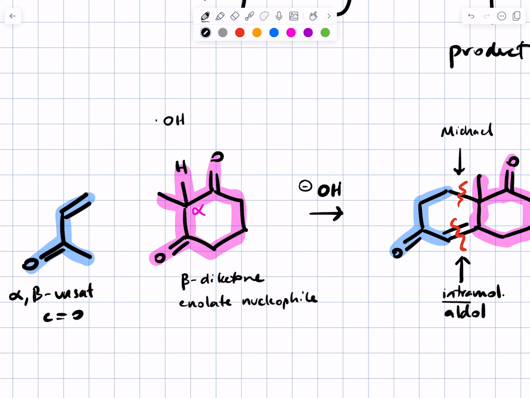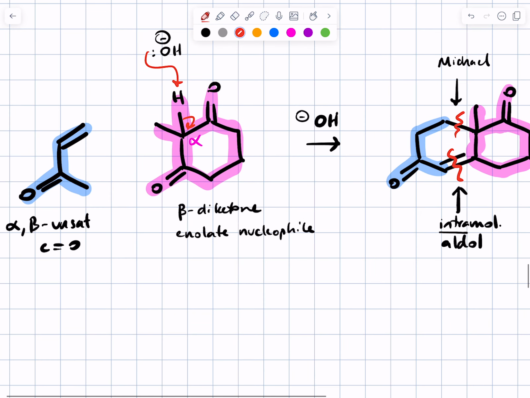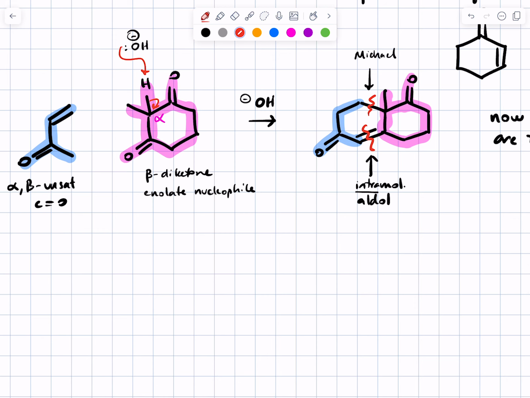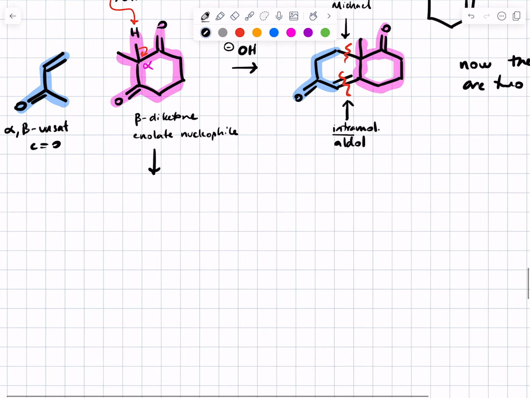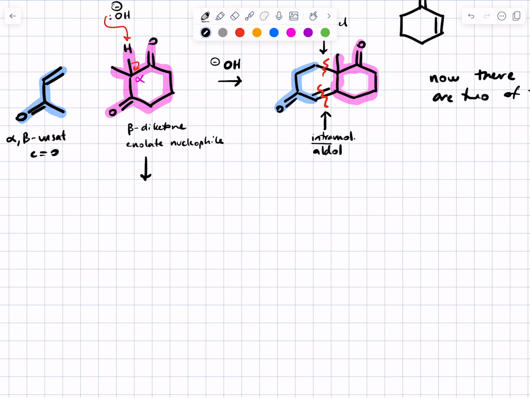So we're just going to have OH minus remove that alpha proton. It can do so quantitatively, because the pKa of that proton, if you go look it up, ends up being around 9. So totally fine for OH minus to remove that proton to give us this enolate.